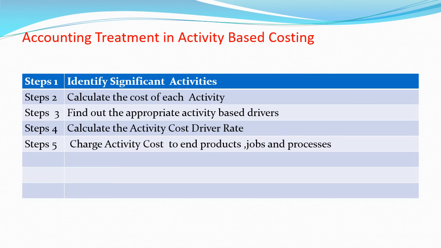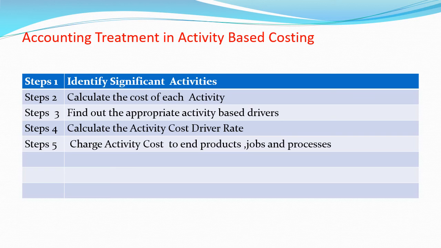Activity cost driver rate is equal to total cost of an activity upon cost driver. Here, if the total cost of ordering is 8,000, number of orders are 80, then cost per purchase order is 8,000 upon 80, and rupees 100 per purchase order is the activity driver rate.